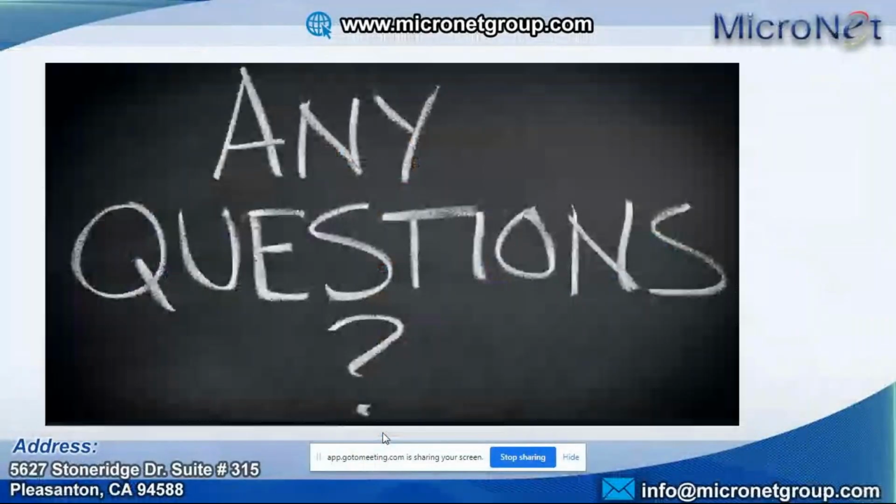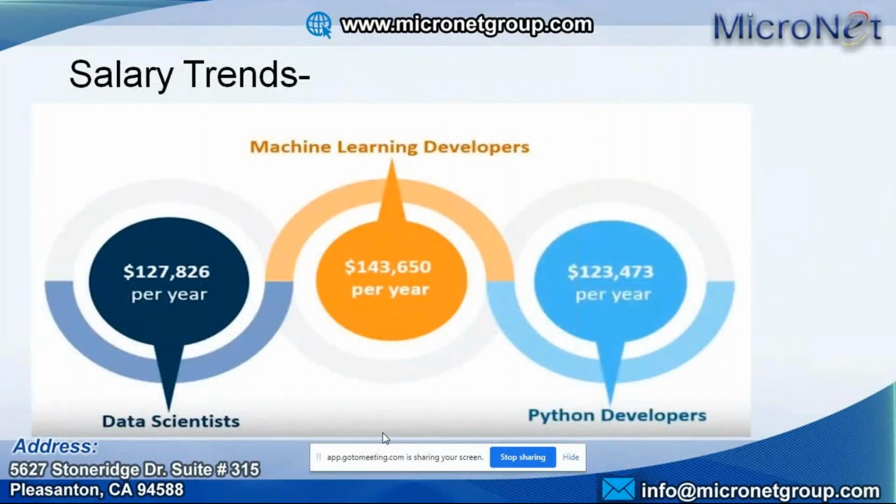So now, do you have any questions, guys? Can you explain a little bit more on how Raspberry Pi can be used? Sorry, can you repeat your question? Yeah. So Raspberry Pi contains only RAM.